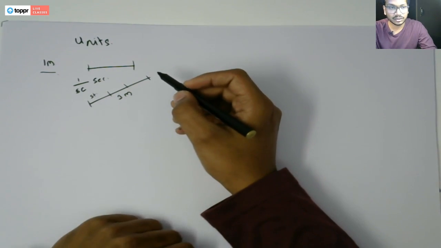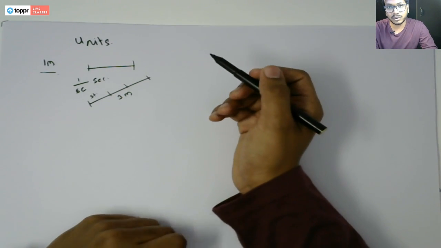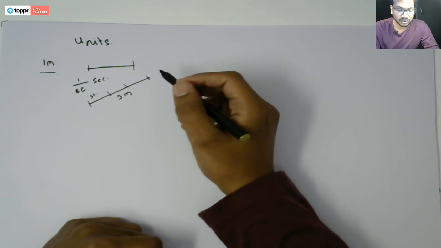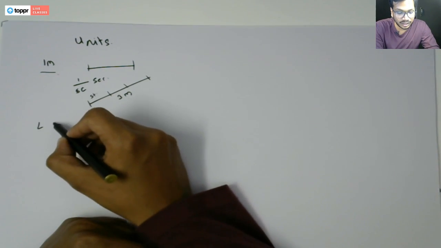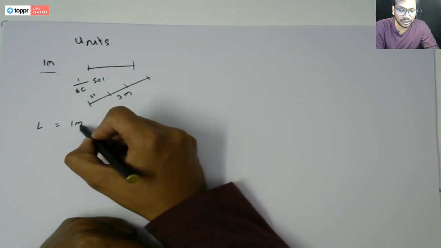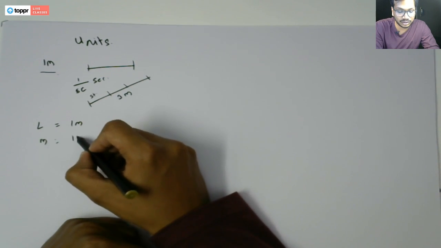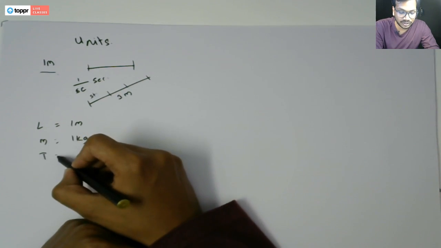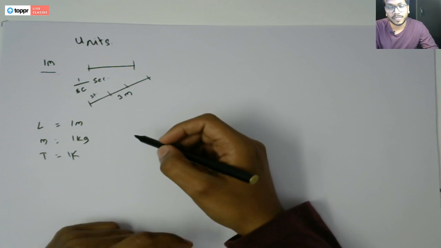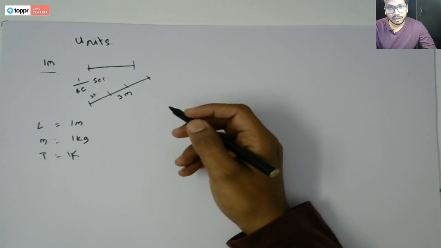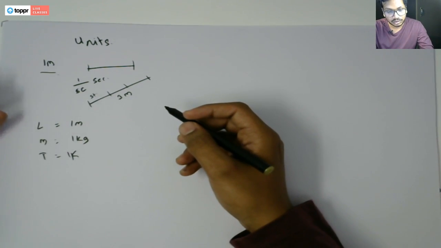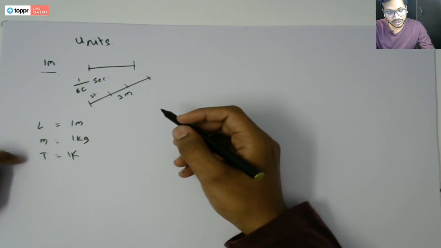So this is a unit, and different physical quantities have different units. The standard for length is 1 meter, the standard for mass is 1 kg, the standard for temperature is 1 Kelvin, and so on. These are all very basic units.